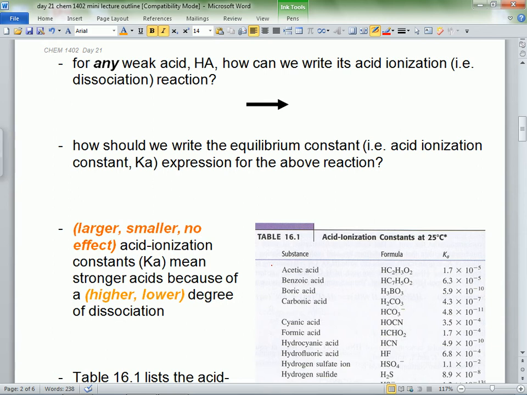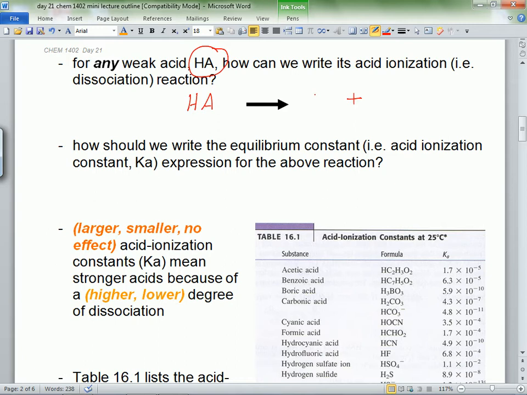So a weak acid has a dissociation reaction, or acid ionization reaction. In general, we're going to call the acid HA. Right, so that's the conjugate acid. H is the acidic hydrogen. Remember, HA could dissociate or fall apart to what and what?